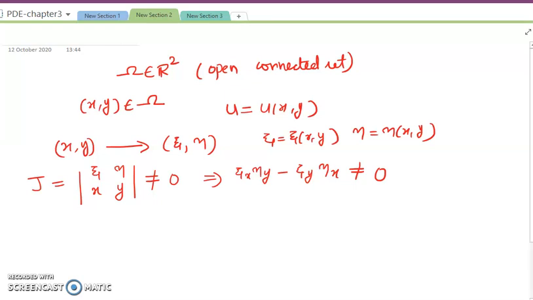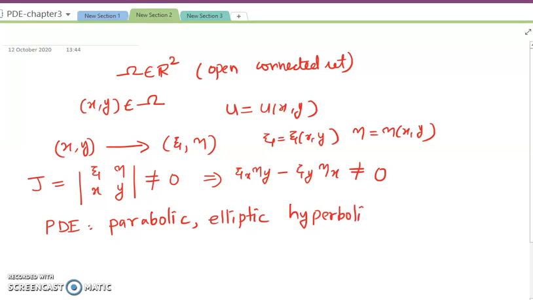So in the next class, we will see that if a PDE is parabolic, elliptic or hyperbolic, then it will remain so even if we change the coordinates.